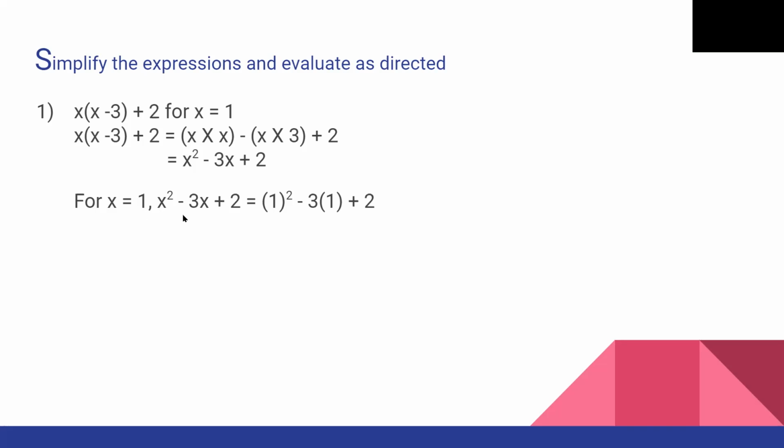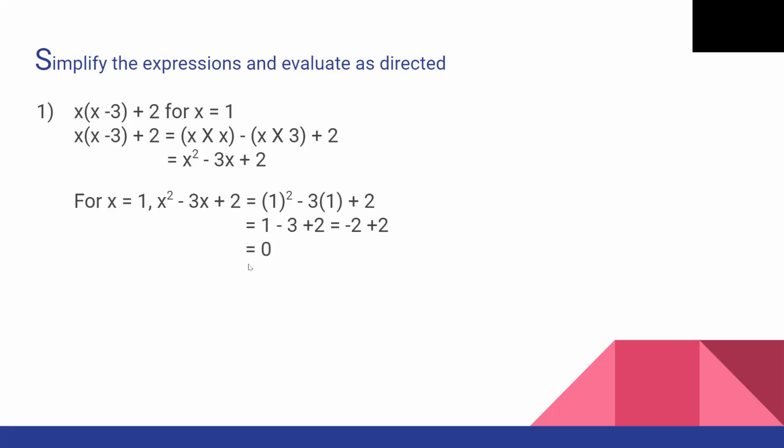So it is equal to x square means 1 square, minus 3x means 3 into 1, plus 2. Now simplifying, 1 square is 1 only, minus 3 into 1, 3, plus 2. Now simplifying, 1 minus 3 is minus 2, then the last term plus 2. Minus 2 plus 2, we know the answer is 0. That is, a number and its opposite, their sum is always 0.